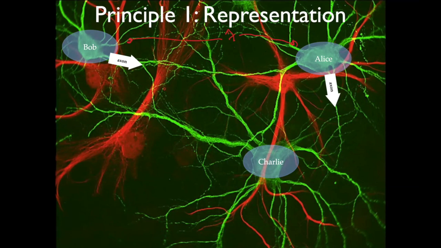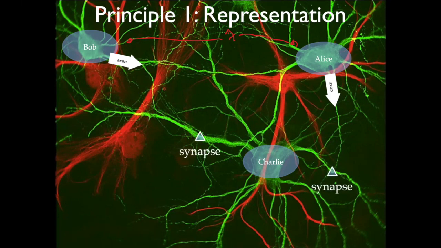Now, Bob and Alice are neurons. They're projecting their axons to Charlie's dendrites. So Charlie has connections to both Bob and Alice. And when that input is going into those neurons, it's generating these patterns of spikes, slightly different patterns of spikes for different neurons. Those flow down the axon to the synapse, where they cause neurotransmitter to be released.